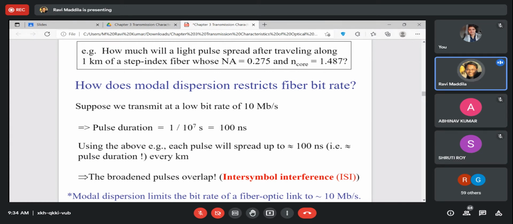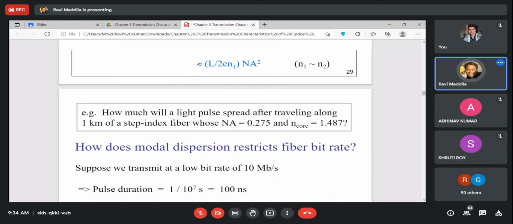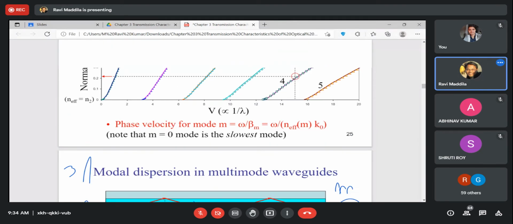So when this pulse of 100 nanoseconds is propagating along the fiber, broadening occurs because of dispersion, and this may also be because of intermodal dispersion. This can also be because of intersymbol interference. Intersymbol interference refers to this previous case.